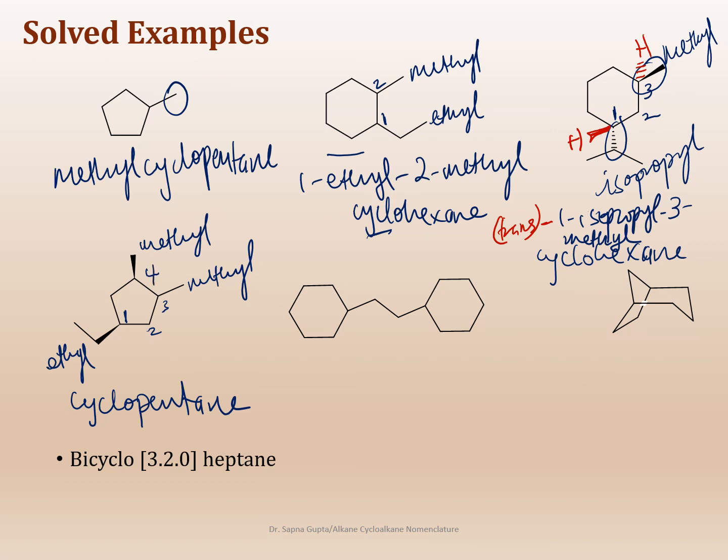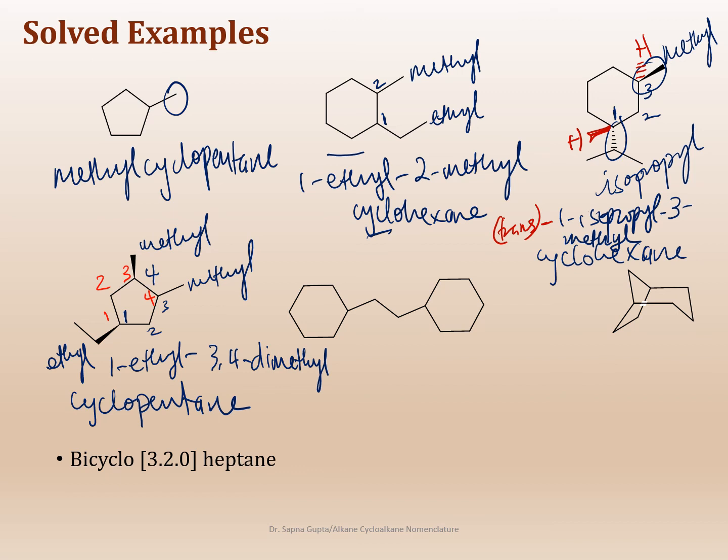Whether I do this or 1, 2, 3, 4 the other way, I get the same numbers, either way. It doesn't really matter where I number from, because in both cases it's the same. So it means that I have 1-ethyl and then 3,4-dimethylcyclopentane.